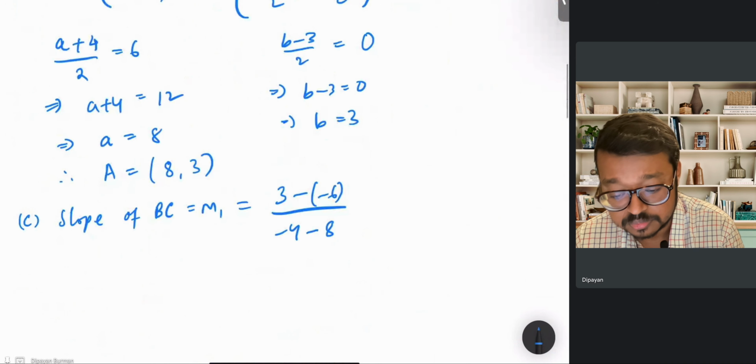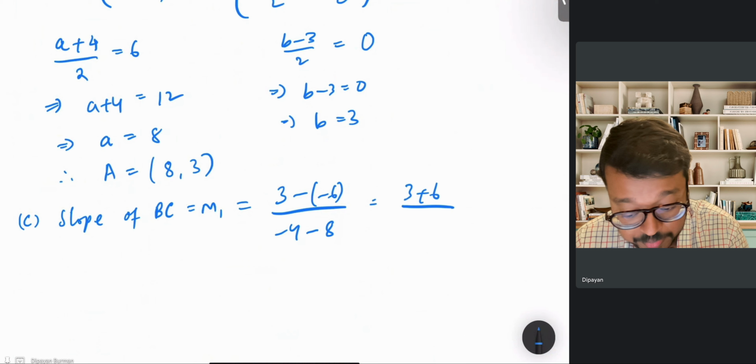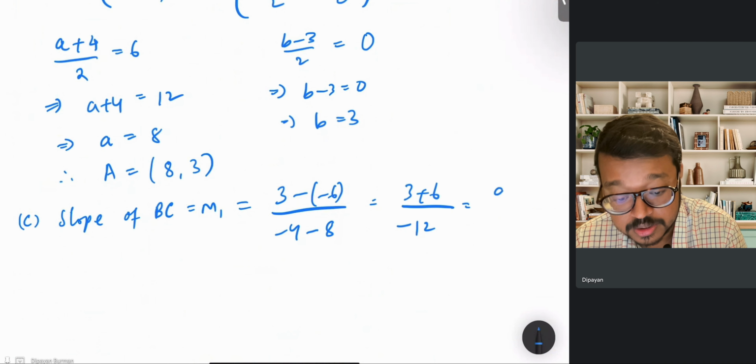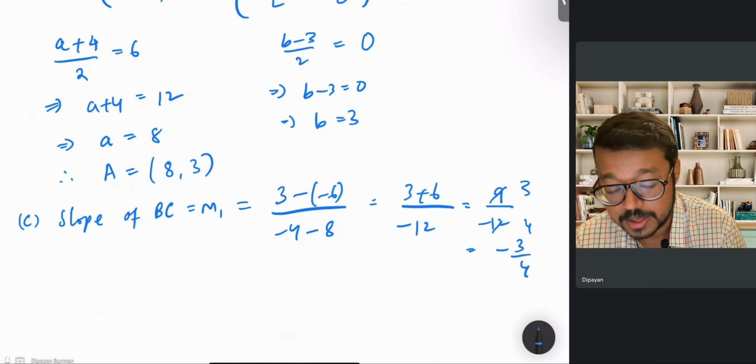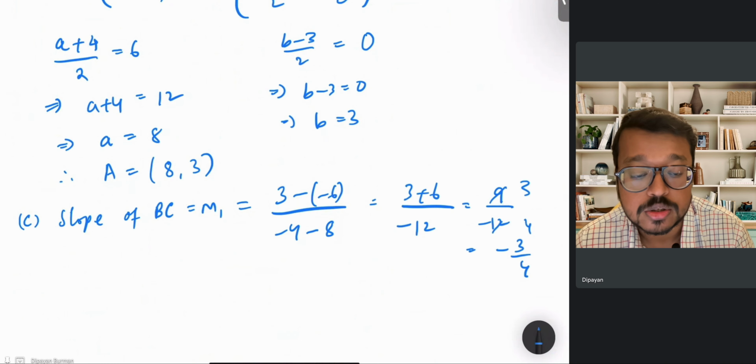So this will be 3 plus 6 by minus 4 minus 8, which is minus 12. So 9 by minus 12, which is same as minus 3 by 4. So the slope of the line parallel to it will also be the same.